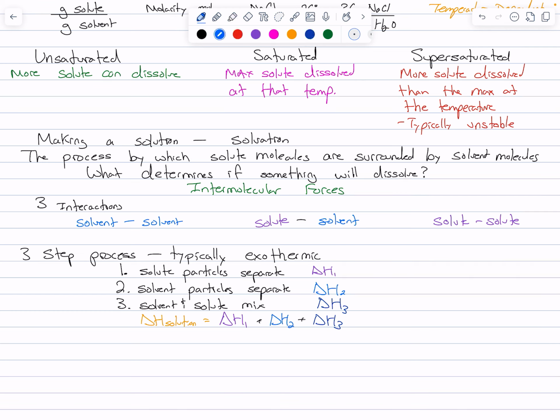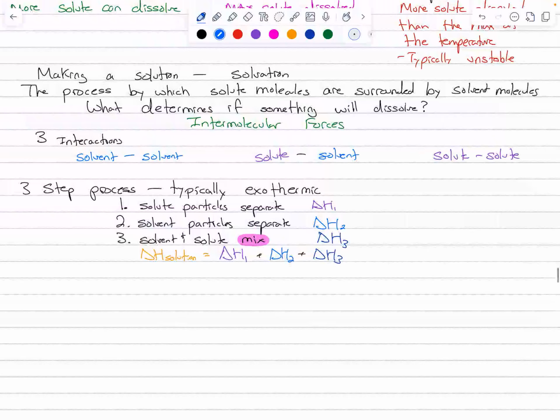And the key word here is mix. The mixing. And so that leads us to the driving force.